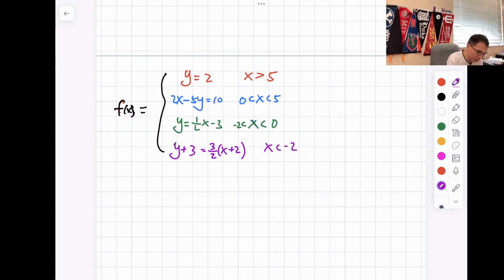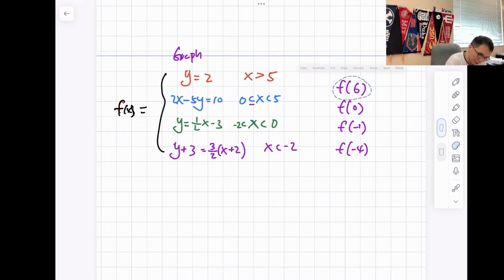Not only that, I want you to graph this. I want you to evaluate f of 6, f of 0, f of -1 and f of -4.